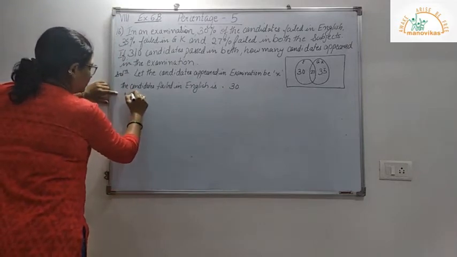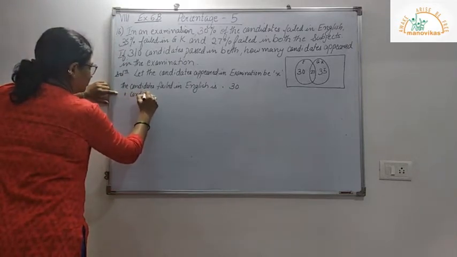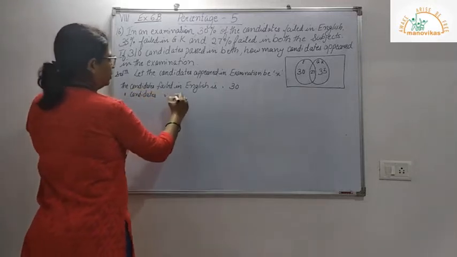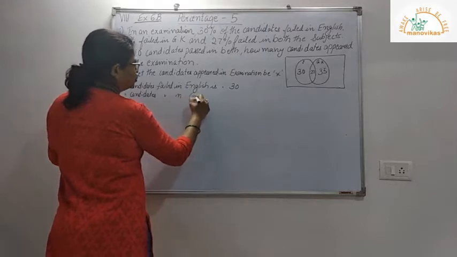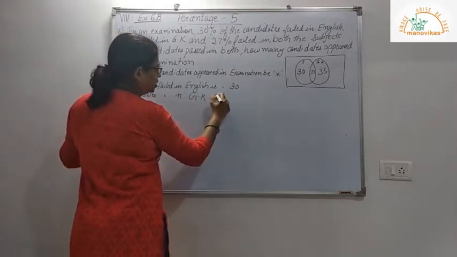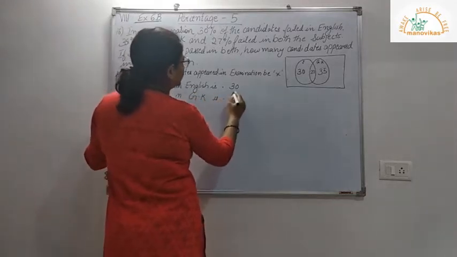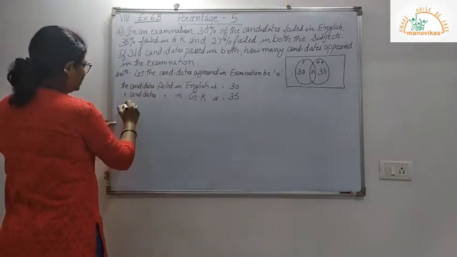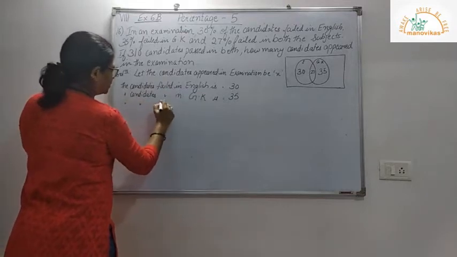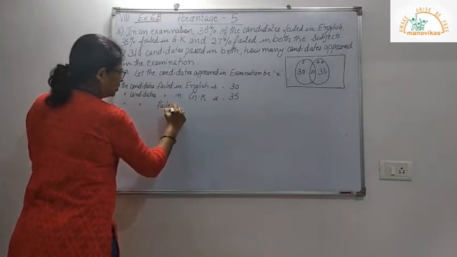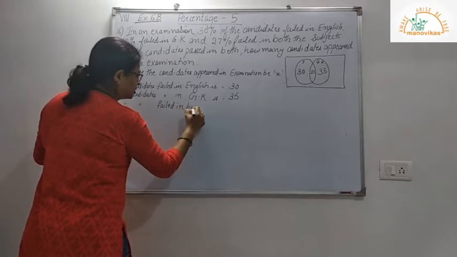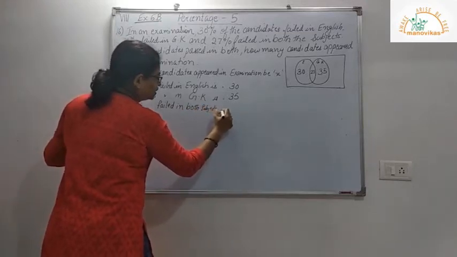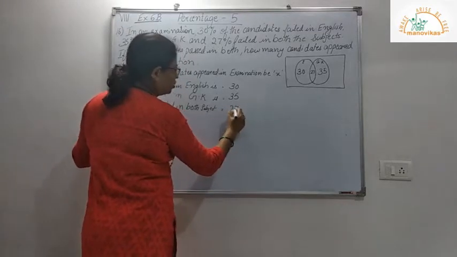The candidates failed in GK is 35%, and the candidates failed in both subjects is 27%.